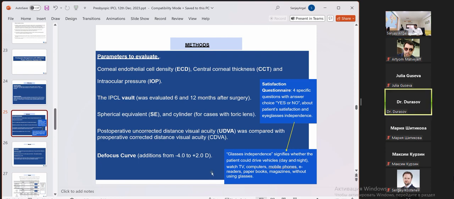Like glasses independence, whether he could drive or not, watch TV, computer, mobile phones, read paper, books, magazines without using glasses.